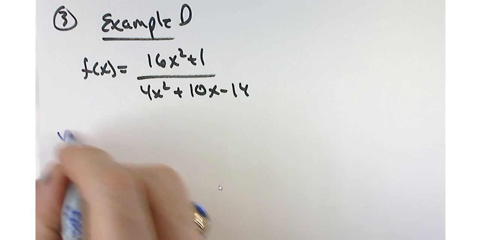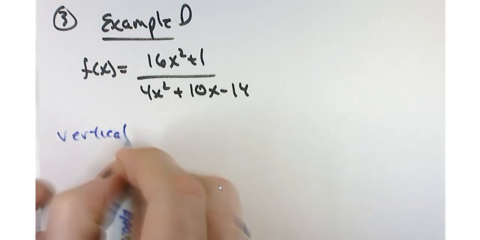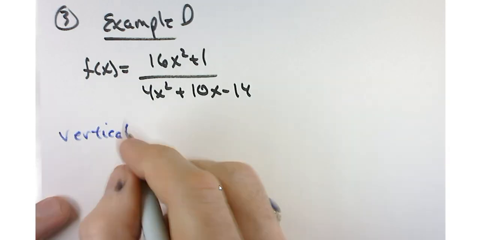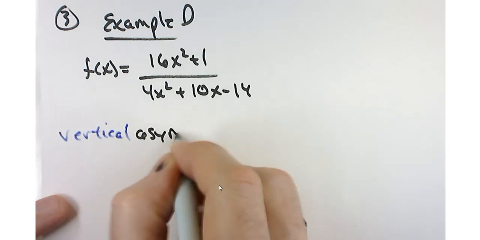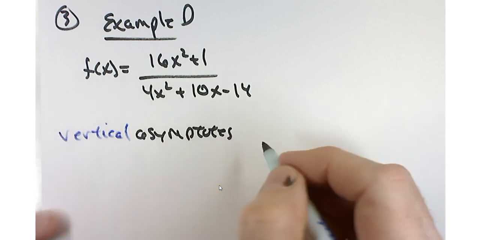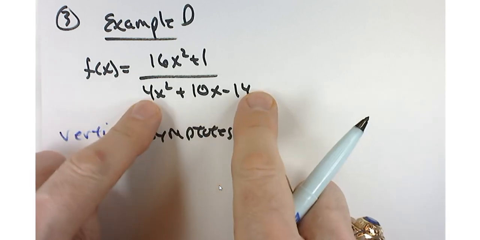So vertical asymptotes. Oh, it's not writing too well. Asymptotes. To find these, you're going to set the denominator equal to 0.